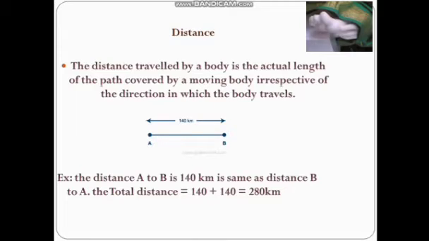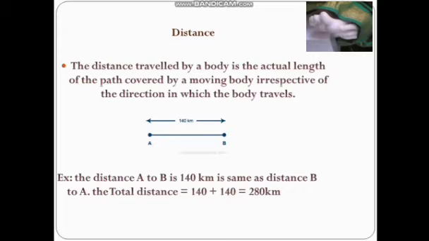Consider two positions A and B separated by 140 km as shown in the figure. If a person travels from A to B, covers 140 km, and comes back again from B to A, covering the distance of 140 km, the total distance covered by that traveler is AB plus BA, altogether 280 km.